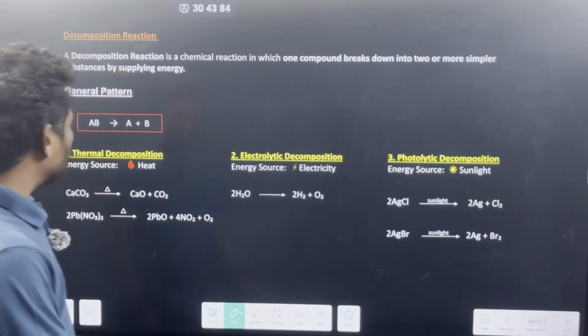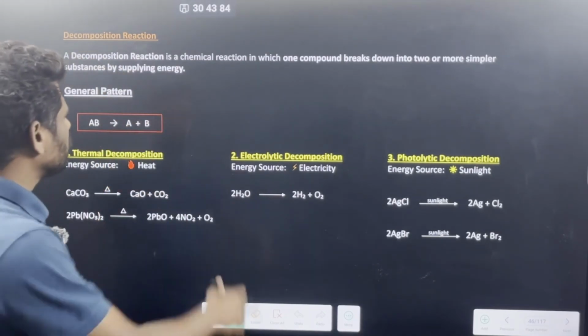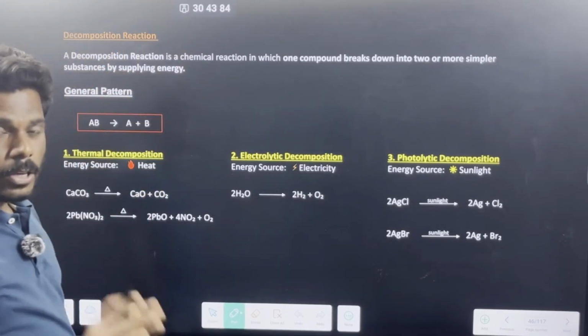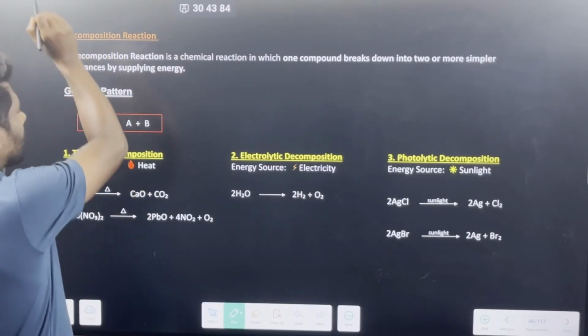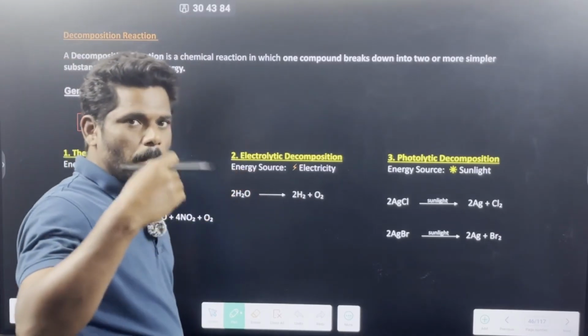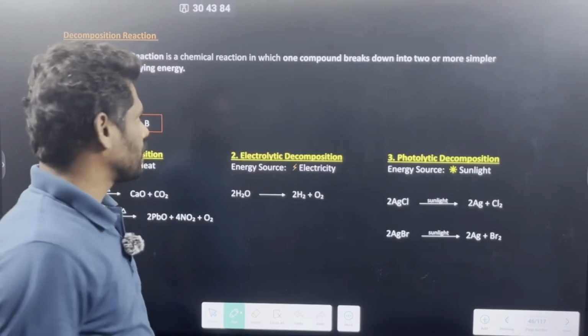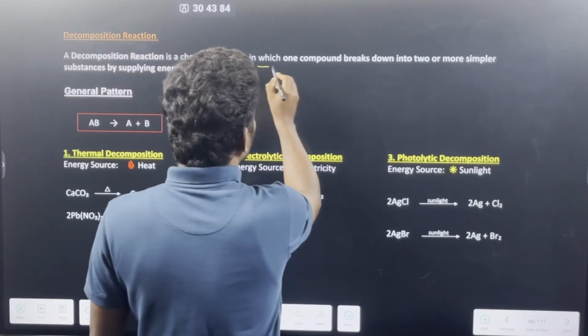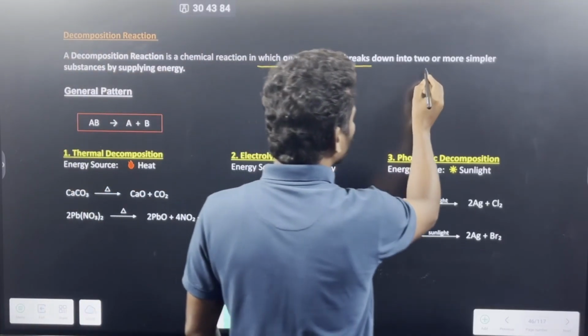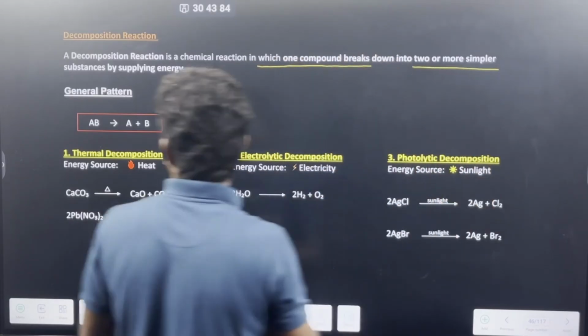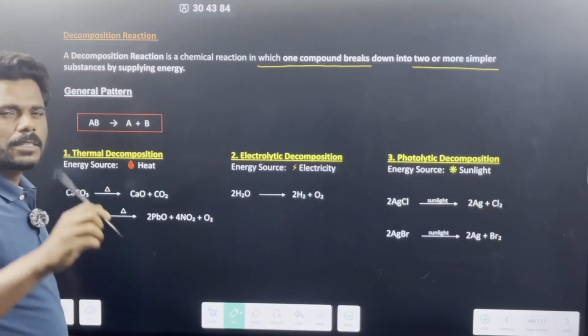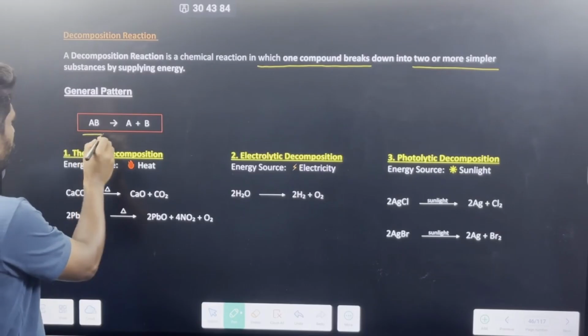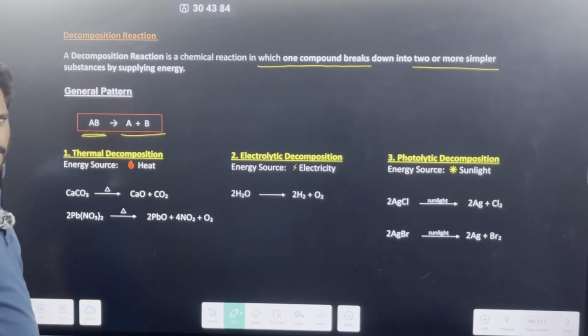Simple, quite opposite to the earlier reaction. In the earlier case, combustion reaction, multiple reactants, single product. Here, one compound breaks down into two or more simpler substances. That is, single reactant here, multiple products.